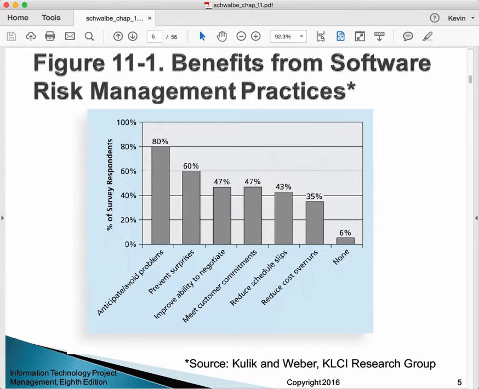Next, meet customer commitments. Then reduce schedule slips. Then reduce cost overruns. And only 6% of the respondents said that they didn't really expect any benefits from the use of formal risk management practices on their projects.